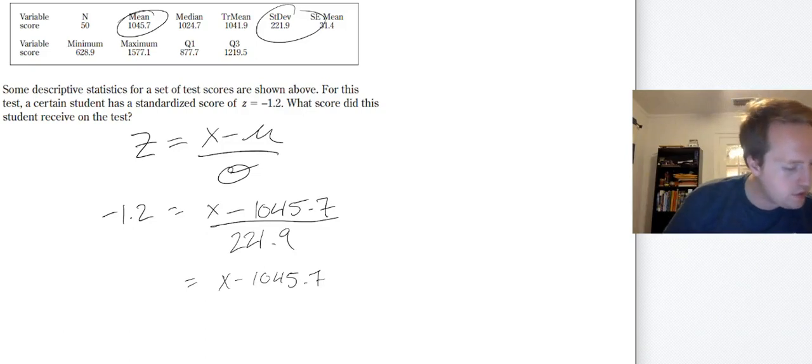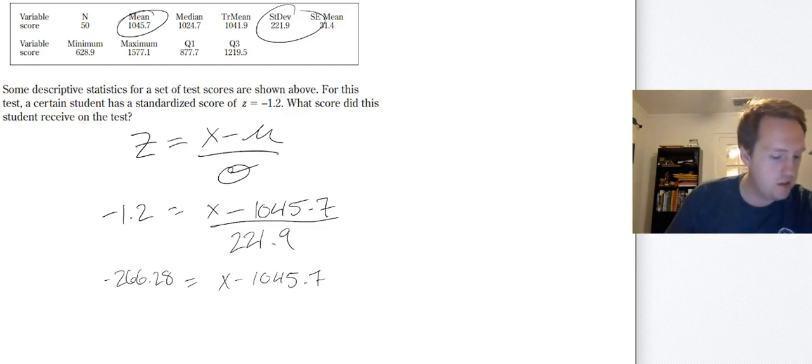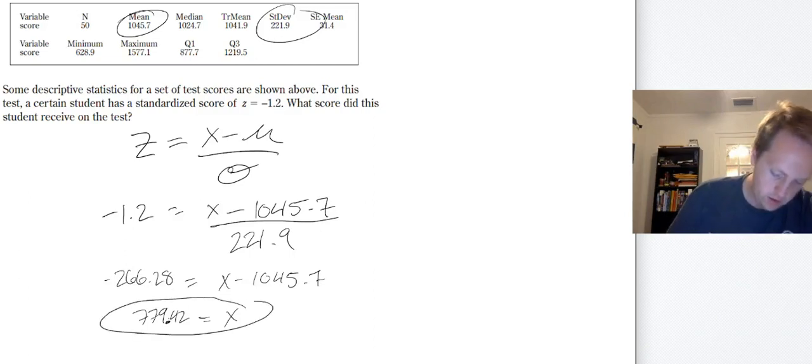And on the other side, that's going to give me a number that one might also call negative 266.28. Okay, and then from there, I just need to add 1045.7 to both sides. And when you do that, you get x equals 779.42.